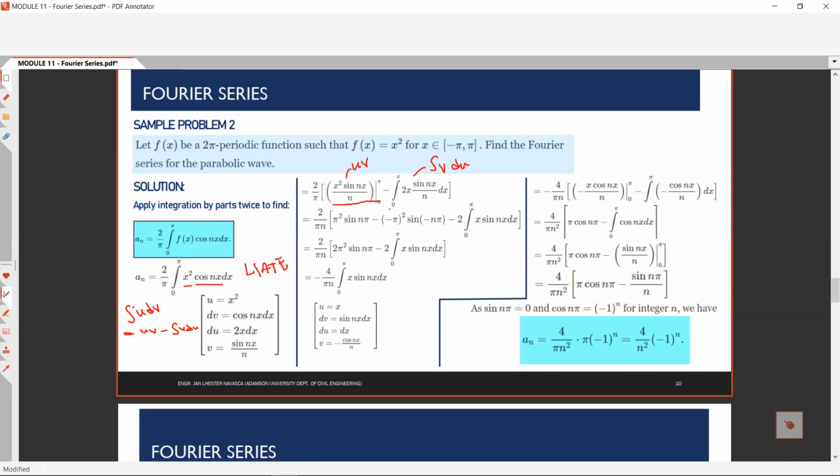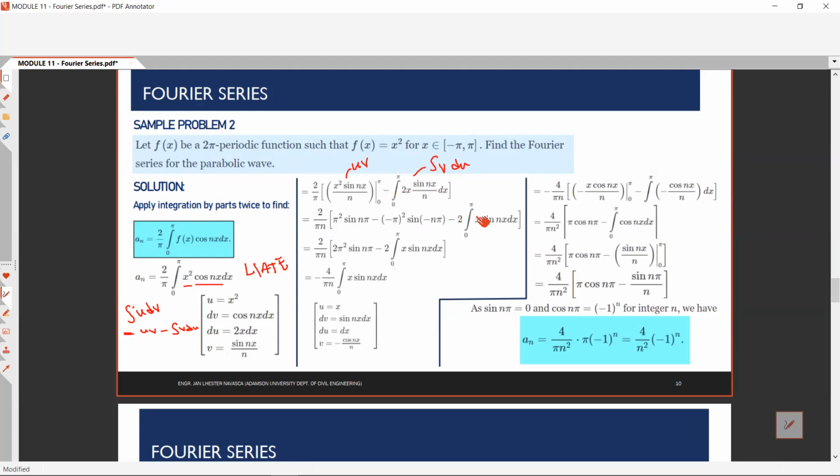That is equivalent to pi squared sine of n pi minus negative pi squared sine of negative n pi. Okay? So this one, factor out natin yung 2.